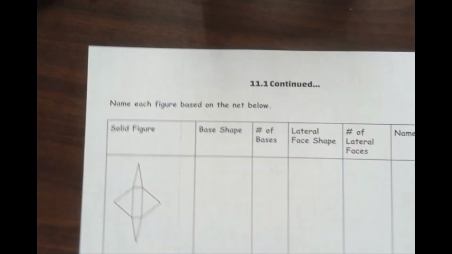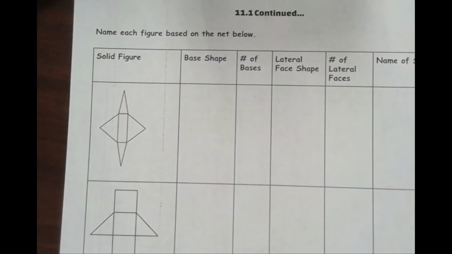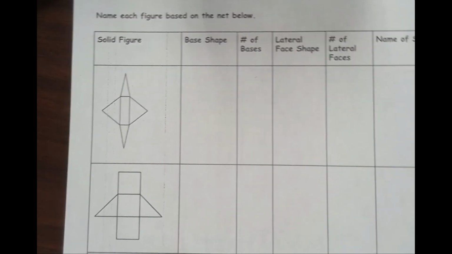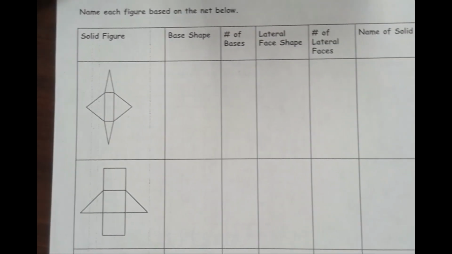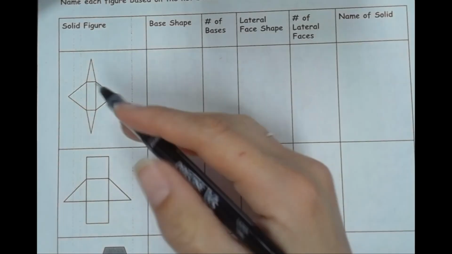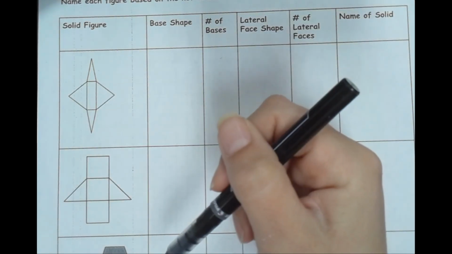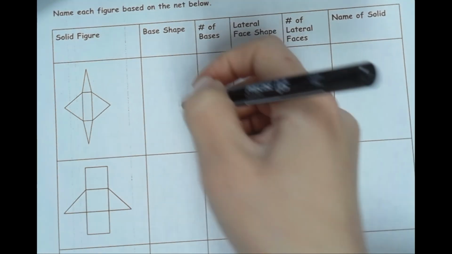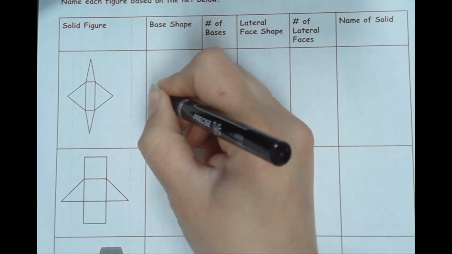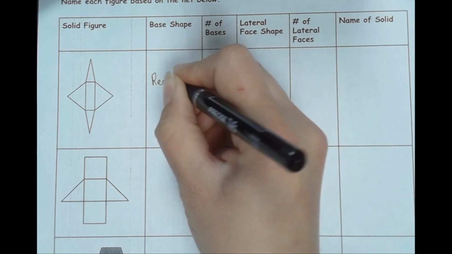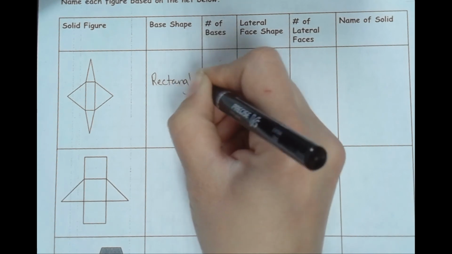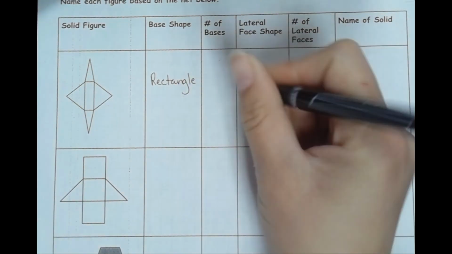It says, name each figure based on the net below. So let's look at our base shape. The base shape here looks like I have 4 triangles. So that would make my base shape the rectangle. How many bases? There's only 1 base.